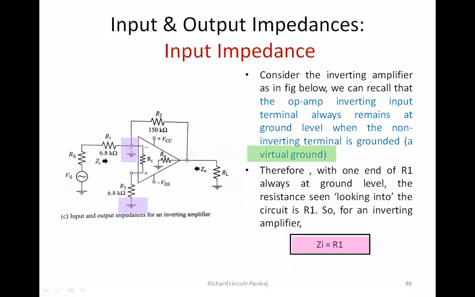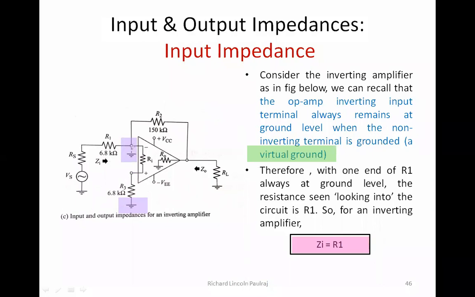That's because both of these terminals are actually at ground potential, right? So whatever input resistance I have here is as good as my R1. That's why my input impedance right now is only R1, because this is at ground potential and this is also at ground potential.